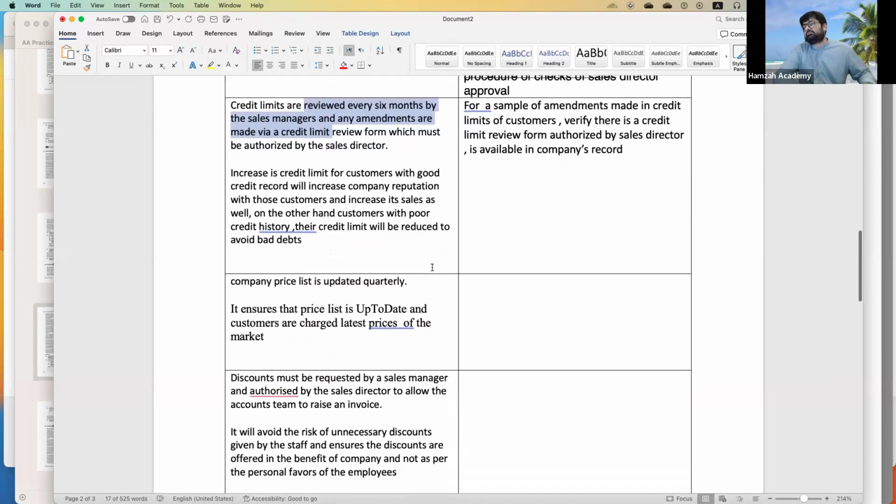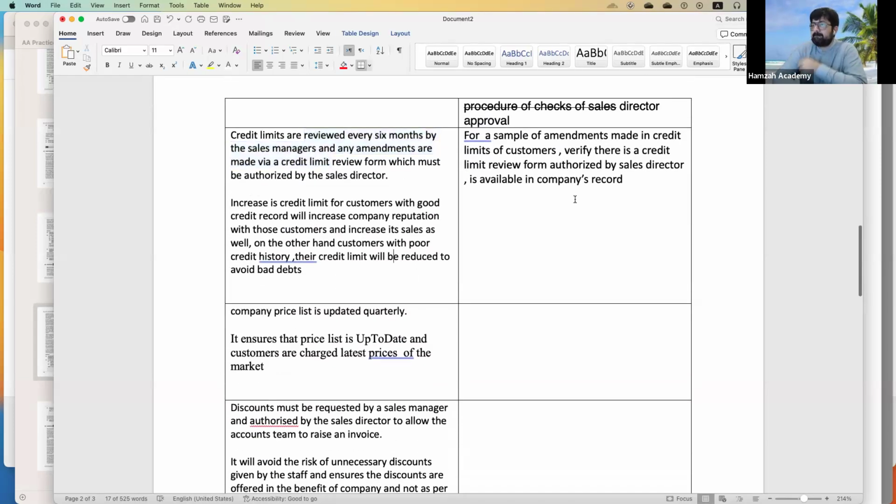Next. The next point is company's price is updated regularly, quarterly. Price list. Yes.